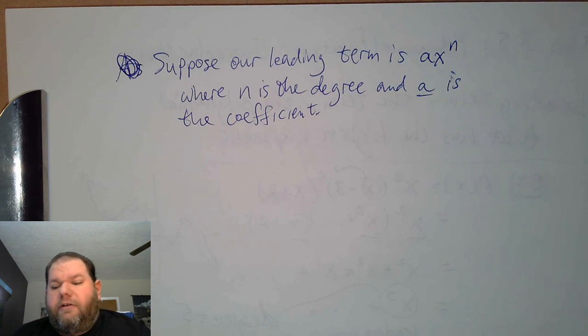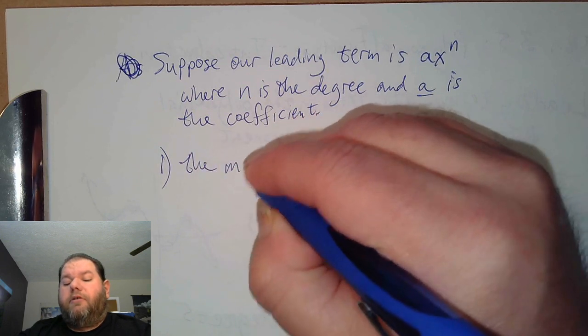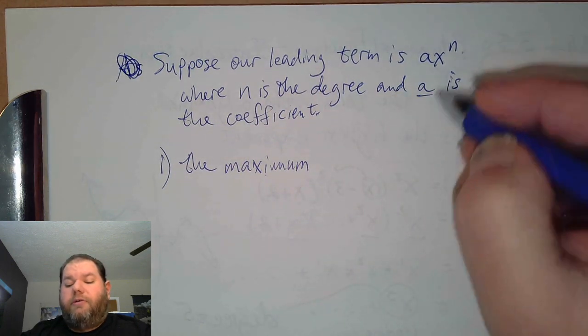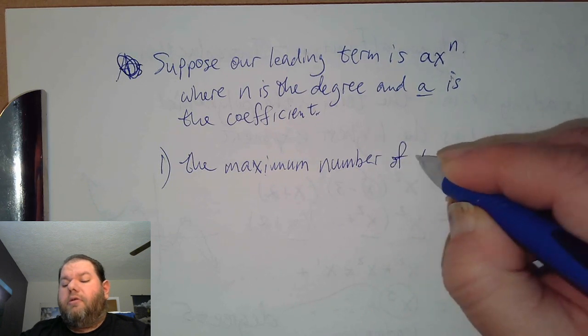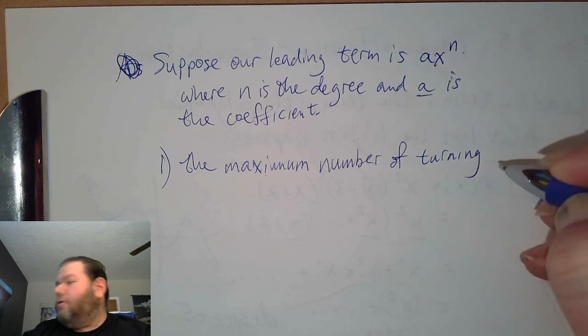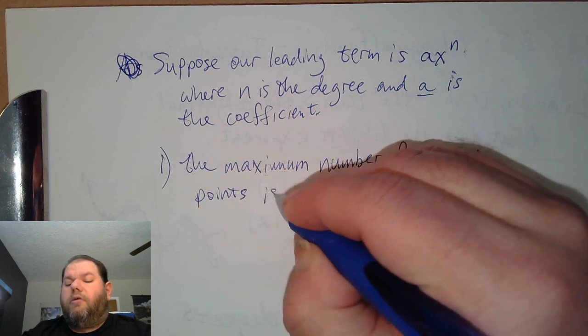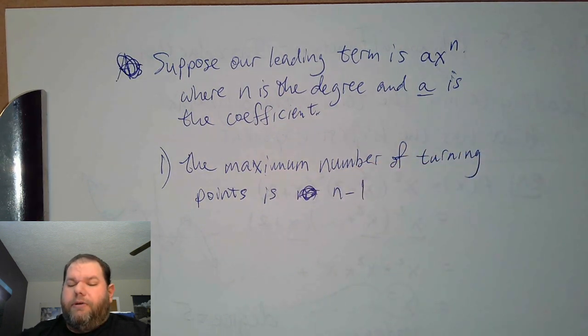And that's the basic idea. So in this case, if we have 1x to the 5th, 5 is the degree and 1 is the coefficient. So one, the maximum number of turning points is n minus 1.